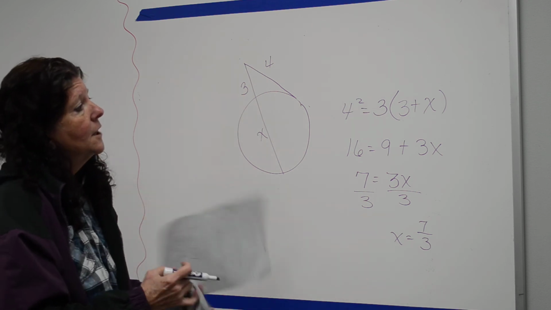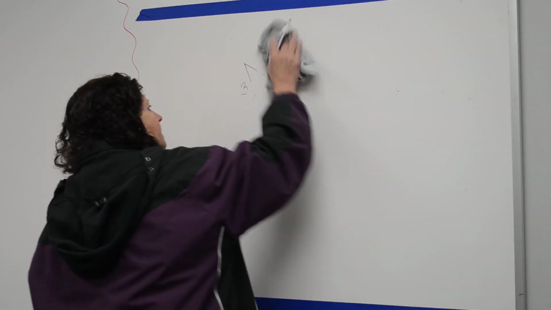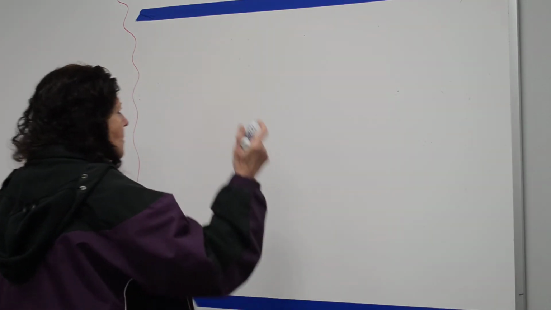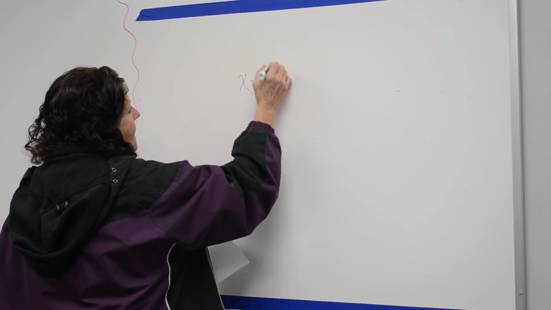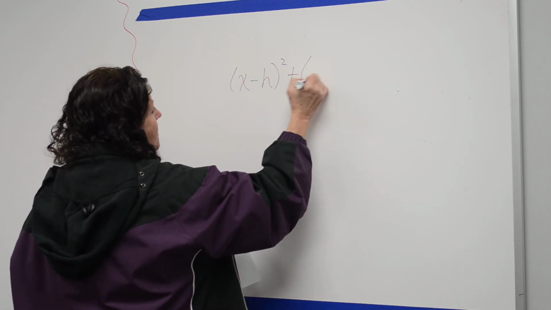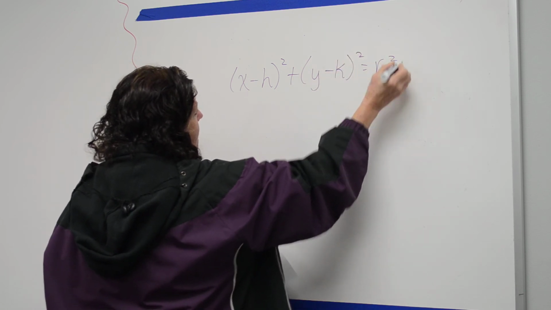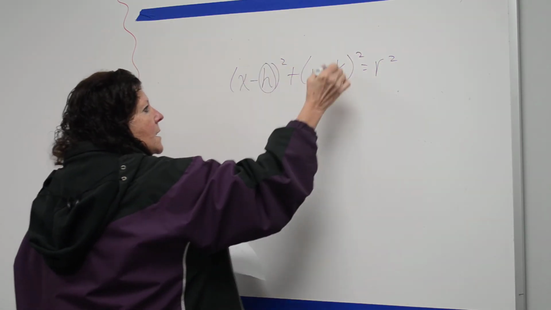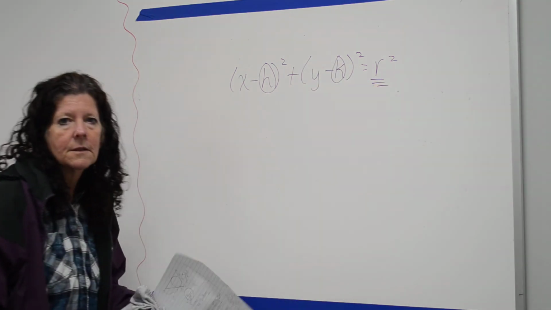Then the very last thing you did in this chapter was the equation of a circle. Okay, the equation of the circle is basically (x minus h) squared plus (y minus k) squared is equal to r squared, where (h, k) is the center of your circle and r is your radius.